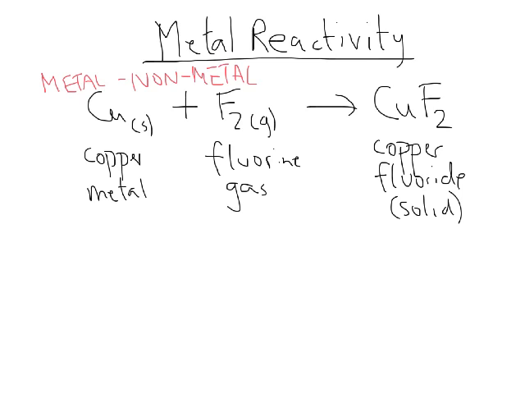But what's more interesting is when I do a metal with a metal ion when they react together. So a metal cation. So I've already got a metal that's in solution, and I'm reacting it with a metal that's not in solution.